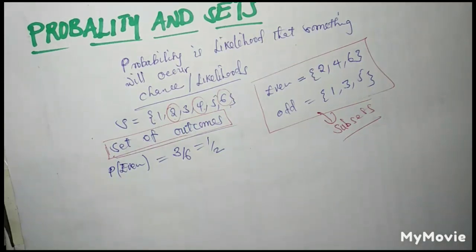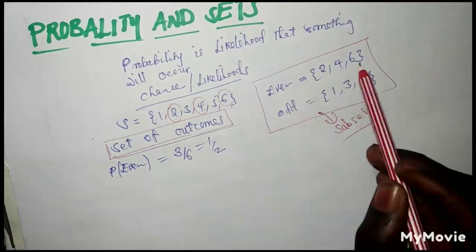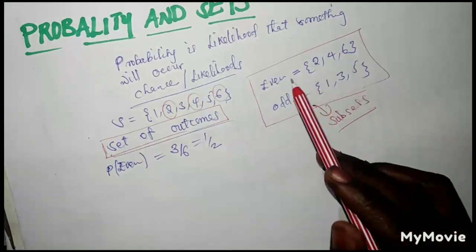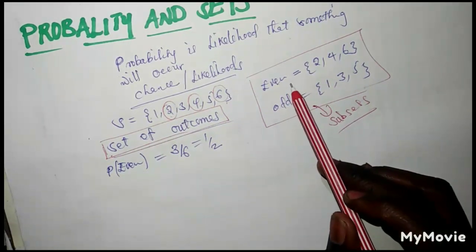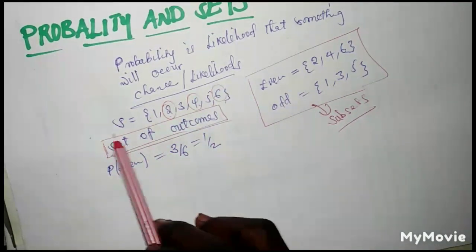It is only right according to set theory that since these contain even numbers and these contain odd numbers, we say that these are subsets of this sample space.